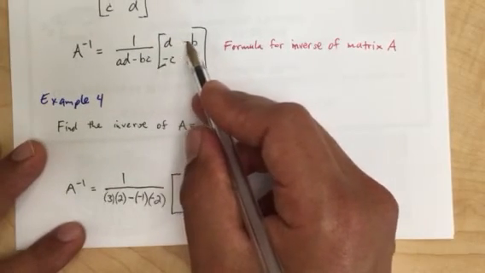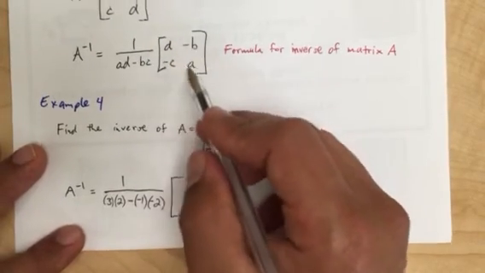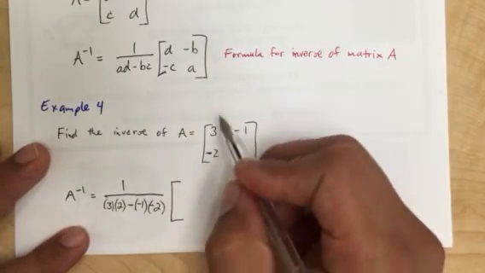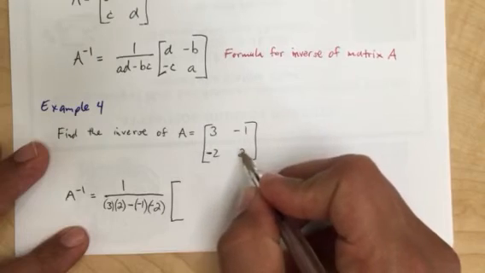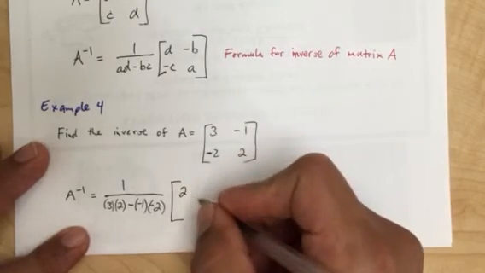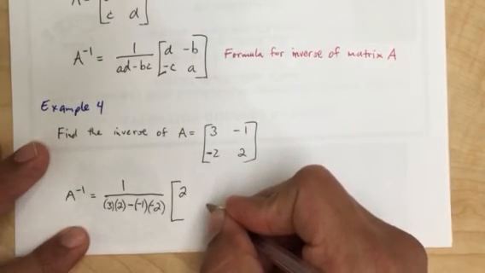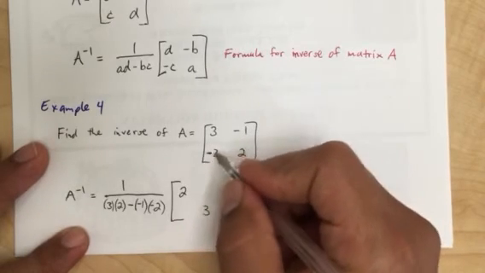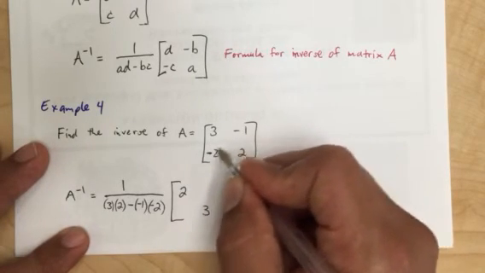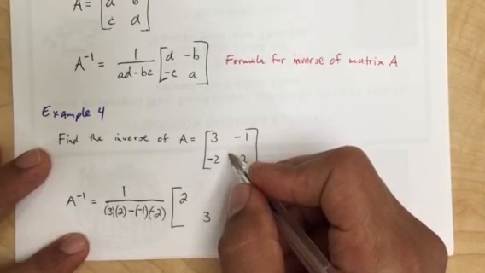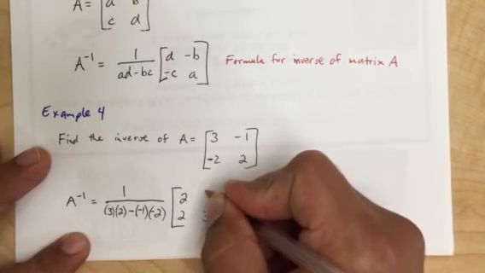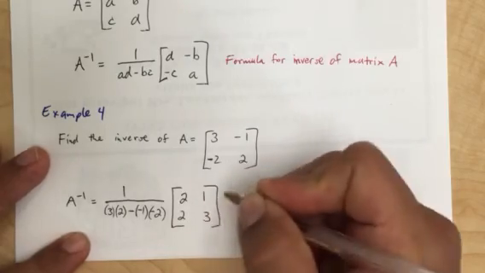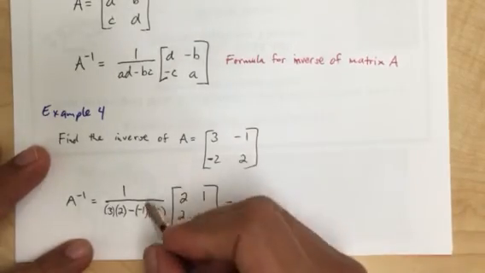the matrix D, -B, -C, A. Notice how we're going to change these numbers around in this form. Instead of the 3 and the 2 being here, we're going to flip them. So now it's the 2, and the 3 is down here, and then we negate the 2 numbers right here. Instead of -2, we have +2, and instead of -1, we have +1. Now we multiply this out.